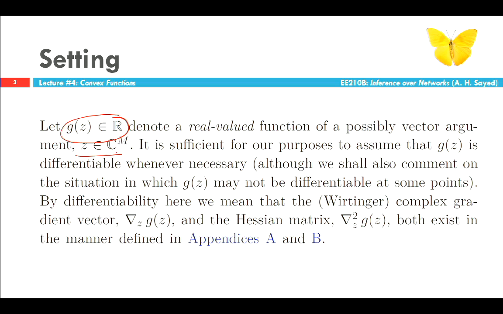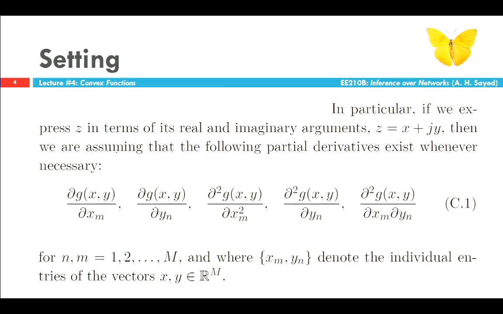If I write down gradients or Hessian matrices, that's because I'm assuming that whatever first order partial derivatives that you need relative to the real part of z, the imaginary part of z, and so forth, exist. Very good. So that's my setting. This is my function. These are the partial derivatives that I'm going to assume exist whenever needed, first order or second order, relative to the real and imaginary parts of z. That's what x and y mean: z is x plus jy.